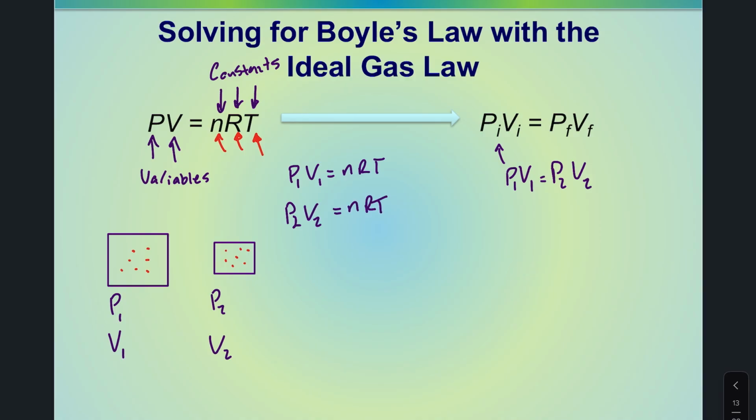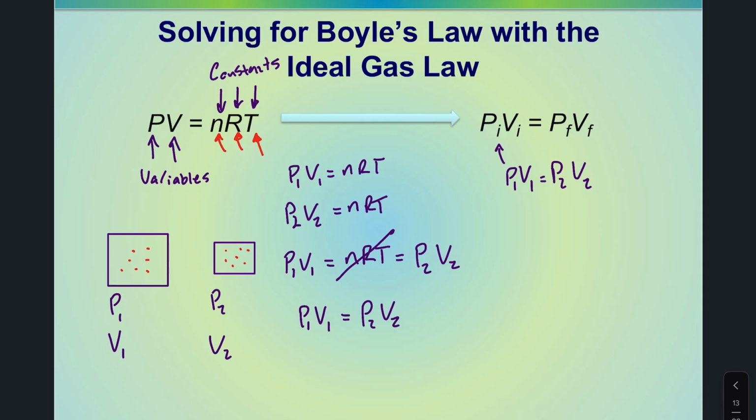And so P1 and V1 are different from P2 and V2, but nRT are the same. And so we can say P1V1 equals nRT, which is equal to P2V2. And because of this, we can just get rid of nRT. So P1V1 equals P2V2.